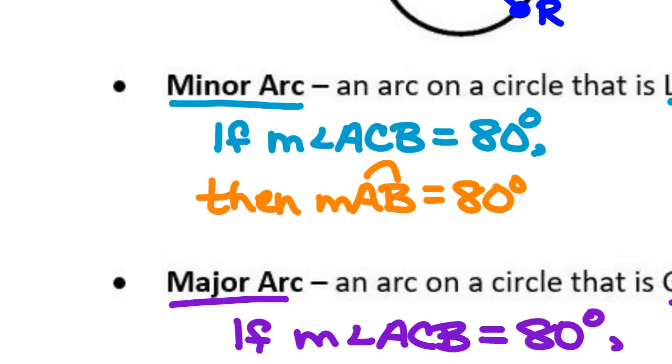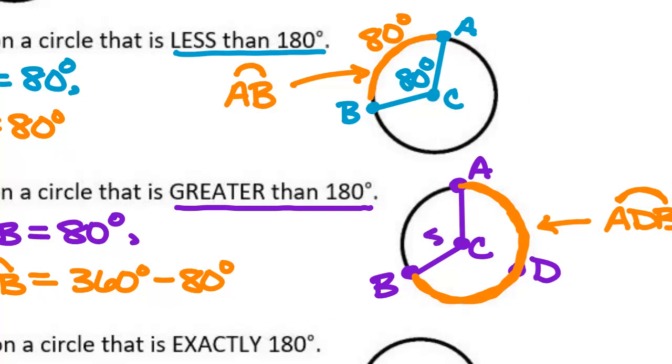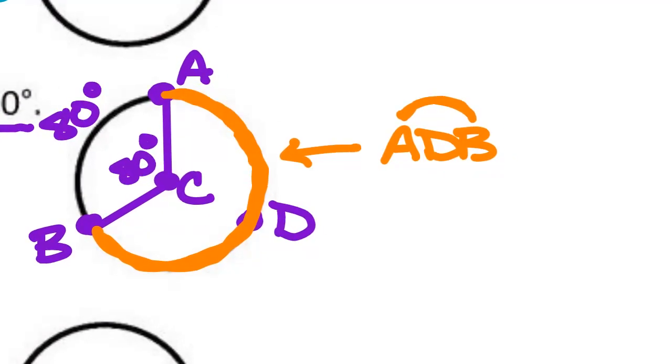Whenever I give a degrees measurement for my arc, I need to have the measure of that arc. So it'd be 360 minus the 80 degrees for my central angle and my minor arc. If that angle happens to be 80 degrees, then the arc has the same measurement for the minor arc, and the major arc would be 360 degrees minus the size of the minor arc, because all the way around a circle is always 360.